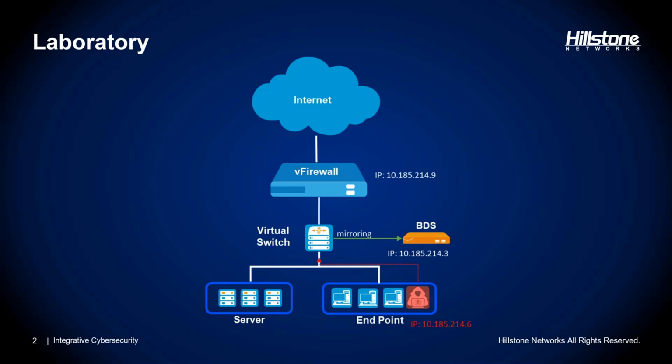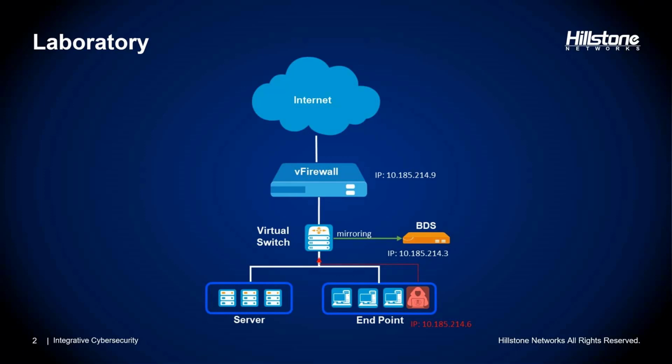Here's the topology of the lab. We've got an endpoint from which come the attacks. Its address is 10.185.214.6. We will use the application ColorSoft on the endpoint to imitate various types of threats.